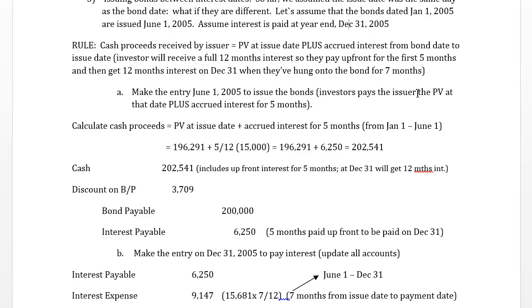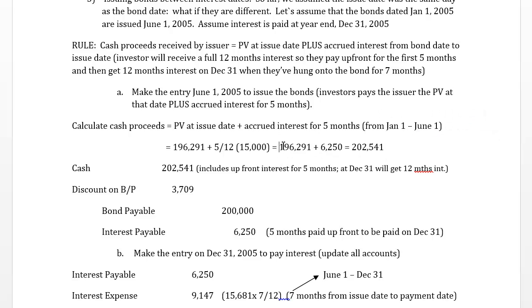So they have to prepay 5 and get the other 7 at the end of December, because that 7 months is the amount of time they've been in the game. But they're getting 12 months interest, but they've only been in the game for 7 months. So they're prepaying 5 months up front at the date of issue, and they're collecting 12 months of interest at the next interest payment date, which is December 31st. So 5/12 of 15,000 is $6,250. When I add that to the present value at June 1st, I get $202,541.